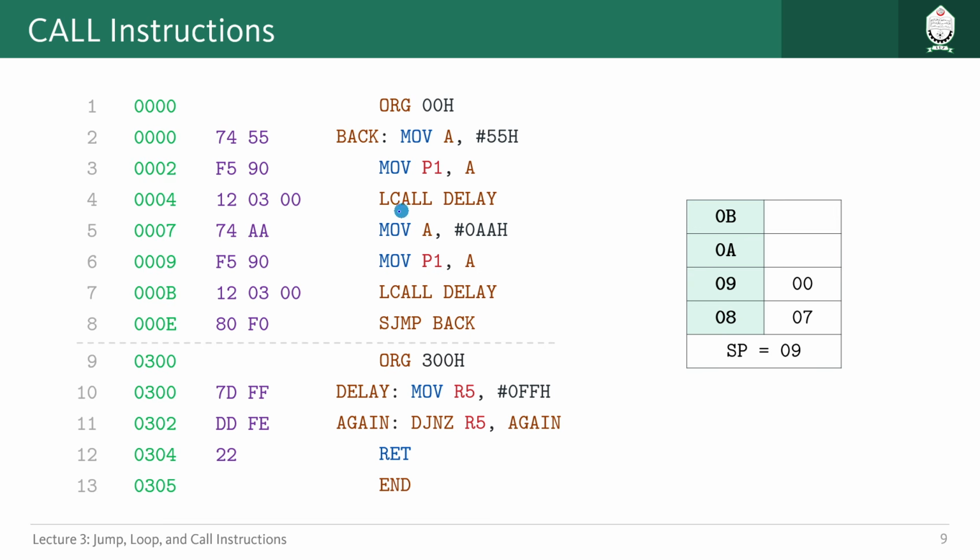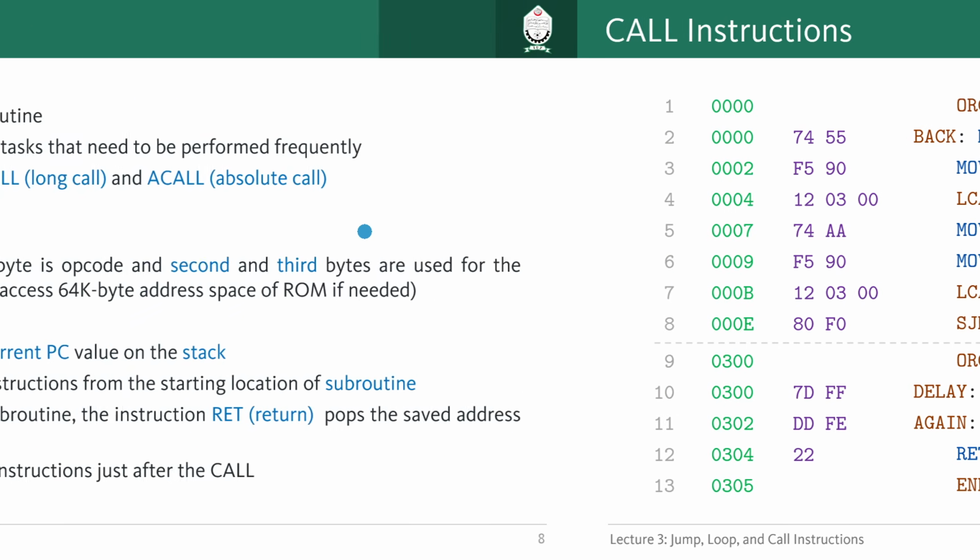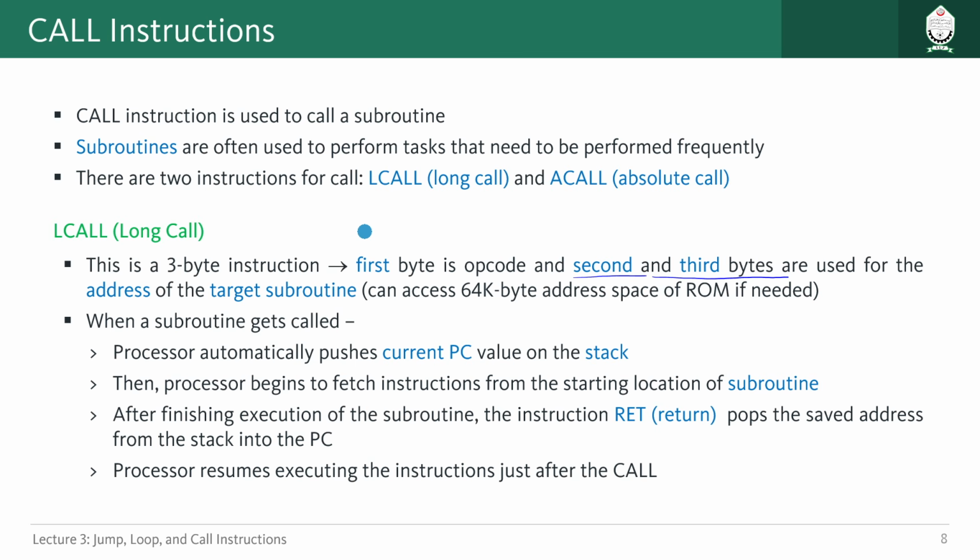You have completed this command, so whenever you return from here after getting this RET, you have to return to the next line here. So how it does that, how it will actually remember that previously it was in this line and now it has to be here? For that we have a special method basically inside of 8051.